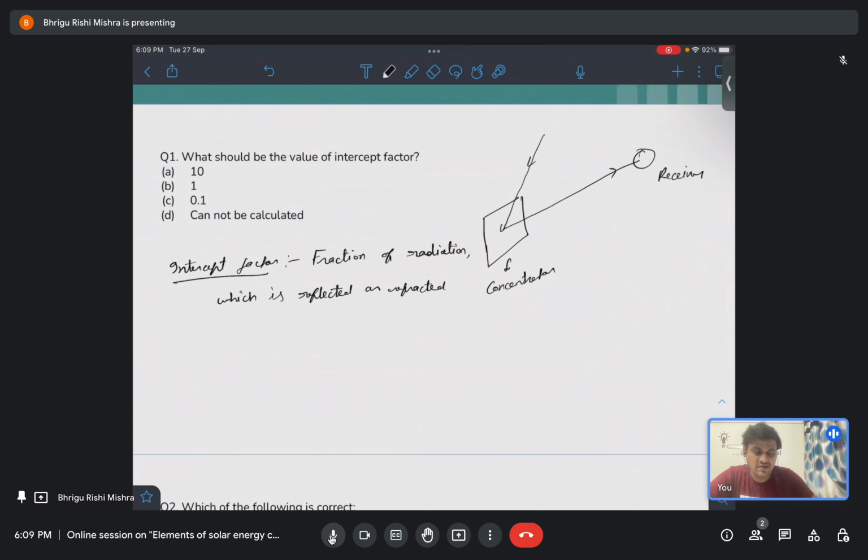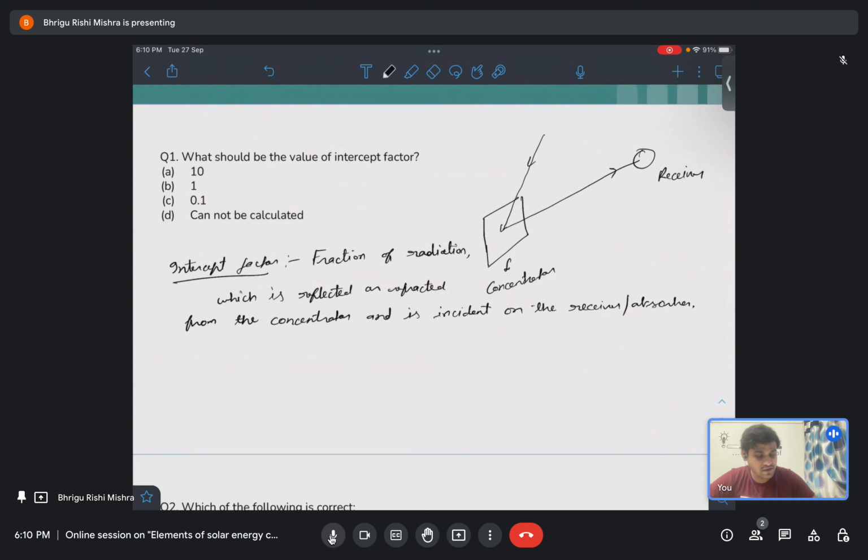Lenses are not generally used. So yeah, it is the fraction of radiation which is reflected or refracted from the concentrator and is incident on the receiver or absorber.